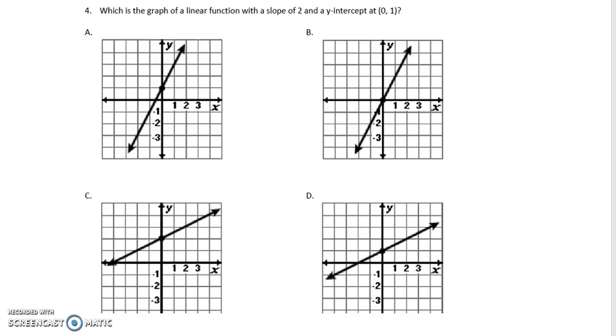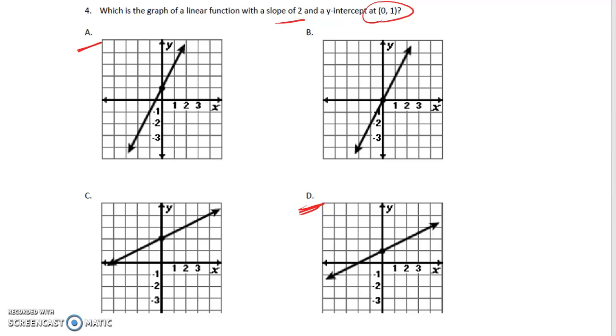Last graph. Which is the graph of a linear function with a slope of 2 and an intercept at (0, 1)? So I've got two graphs, A and D, that both have an intercept of (0, 1). But which one has the slope of 2?